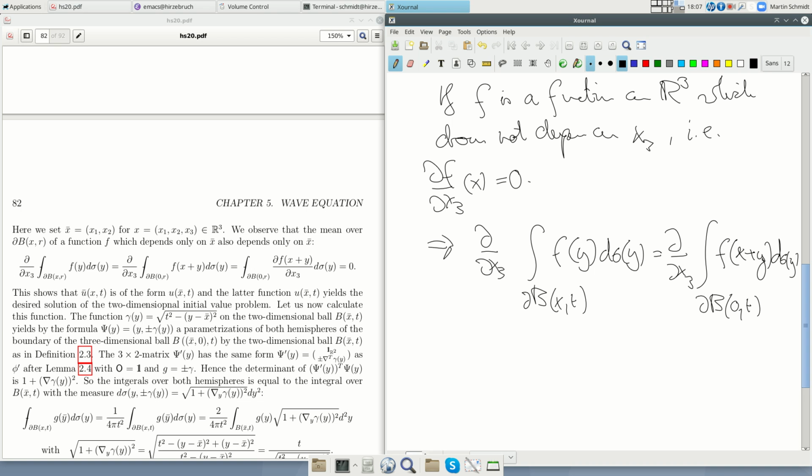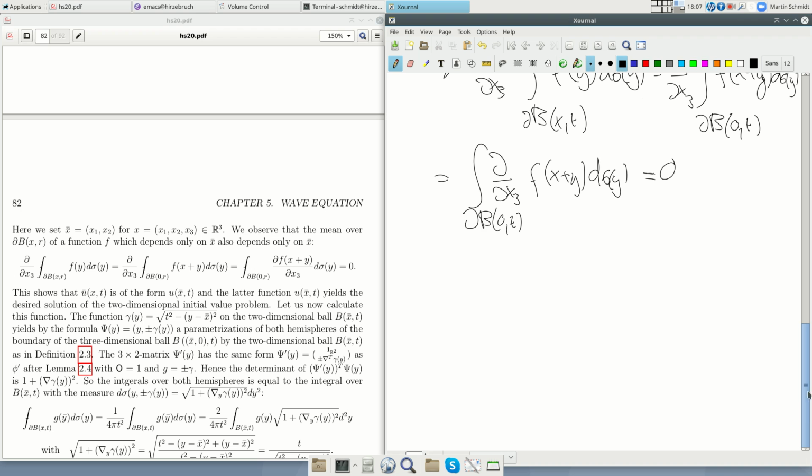Now we can do the calculation d by dx3, because the domain is independent of x3. We can put it in the integral, and then we see this is 0.